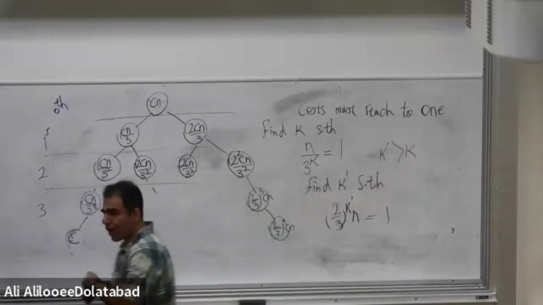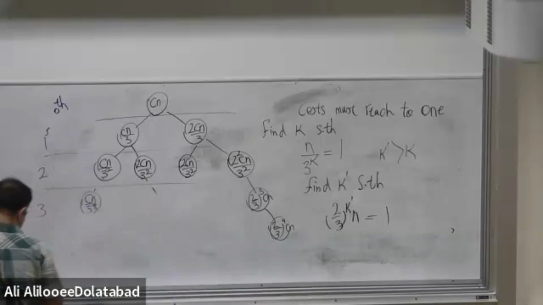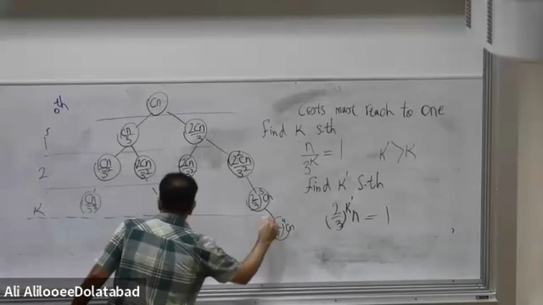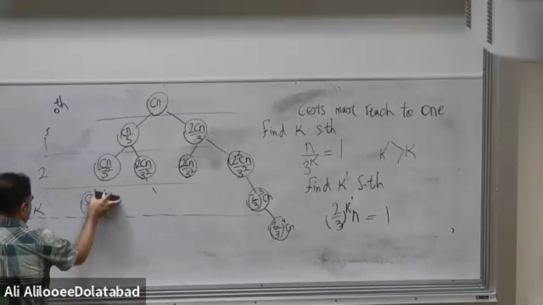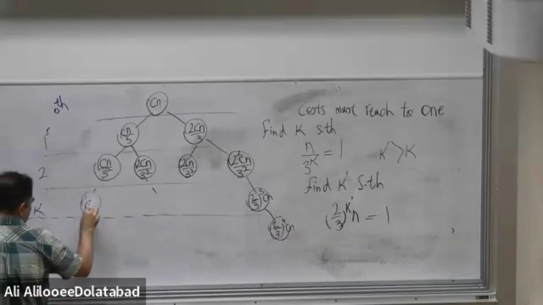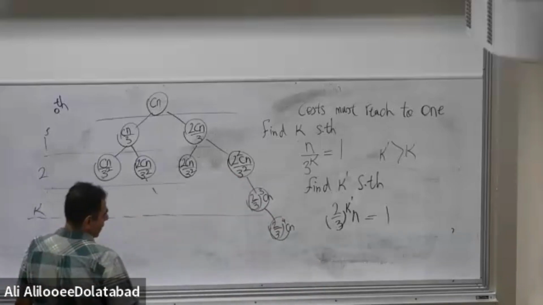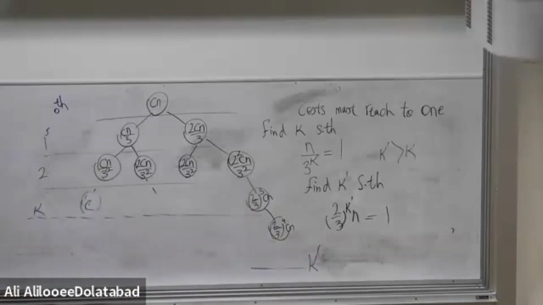When you say k prime is bigger than k, it means that you will reach level k. Say, for example, level k is here. Level k, at which, from here, you should stop. You will reach C. But still, there are some nodes on the other side, because k prime is deeper than k.